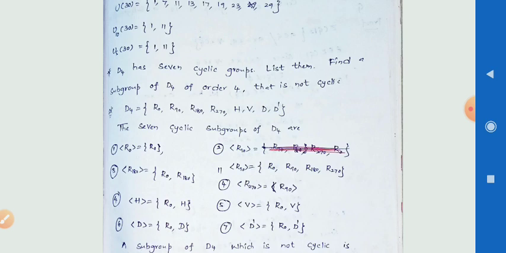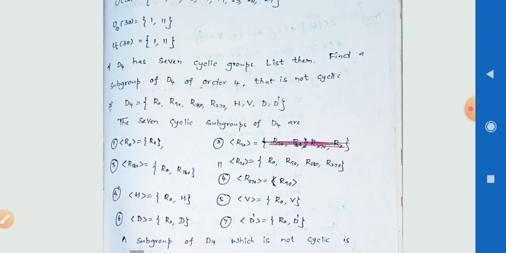D' means another diagonal reflection. Now the 7 cyclic groups of the dihedral group D4 are written. They are: first one, the generator R0. The subgroup generated by R0 is the set whose element is R0.